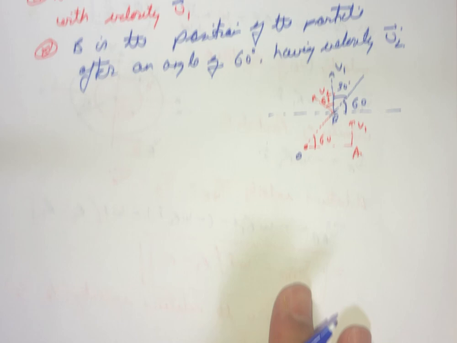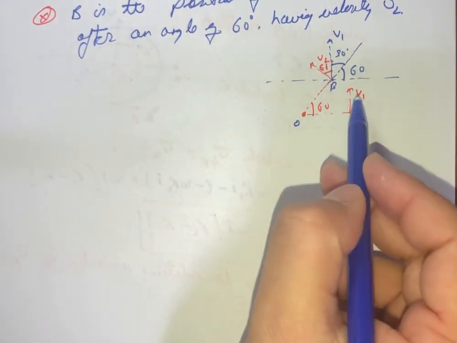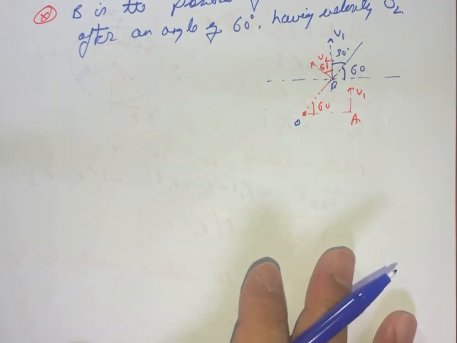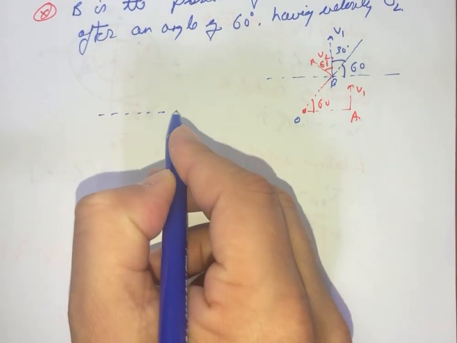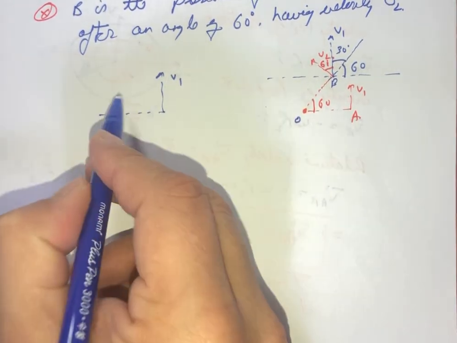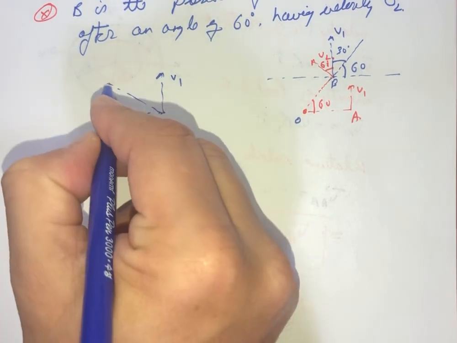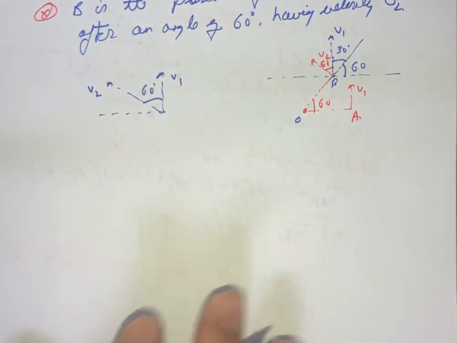Therefore the angle between v1 and v2 is 60 degree. So this is our v1 and this is our v2, and this angle is 60 degree.